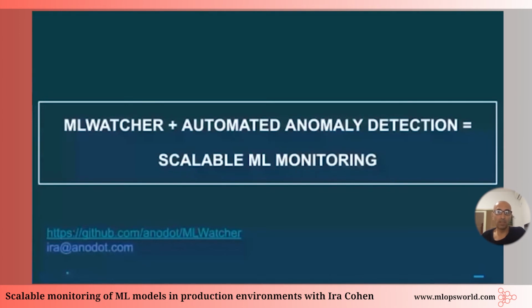If you want the anomaly detection, then either use an anomaly detection that you find on those metrics, or of course, if you want, you can contact us and use ours. And the link for the tool is right here in the presentation. I'll share it in the chat afterwards, so you can just click on it.